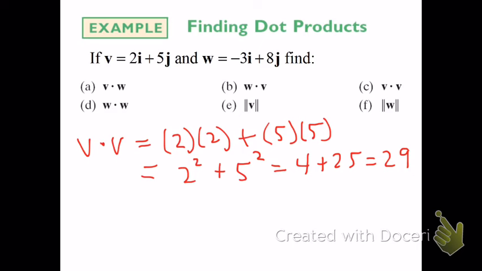So let's look at E, the magnitude of v. We all know we've done this quite a few times now: we're just going to square the horizontal component of v and square the vertical component of v, add those together and take the square root.